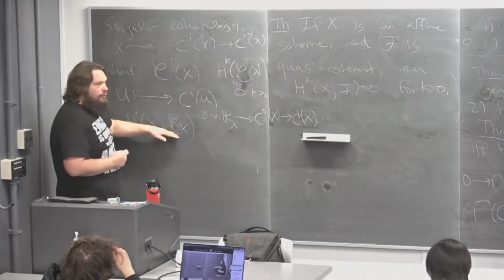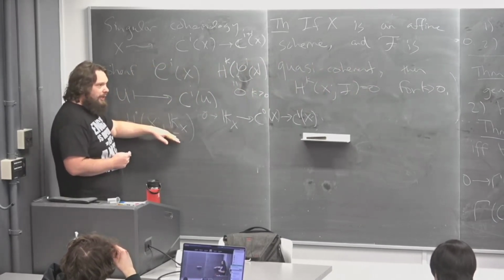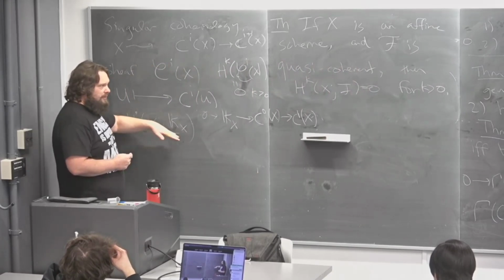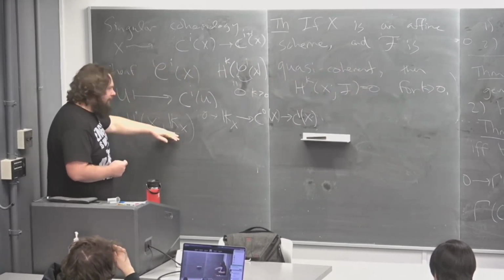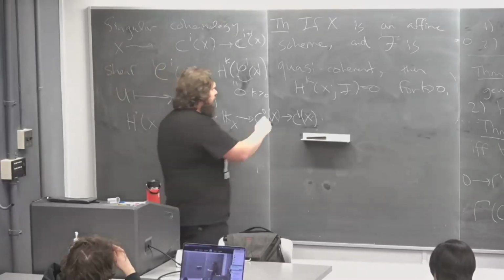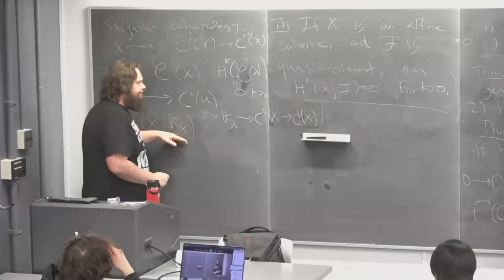Now, this is very much not true of other sheaves of abelian groups. Lots of affine varieties have lots of interesting singular cohomology. This is something special about quasi-coherent sheaves. It's genuinely very different from what would be called a constructible sheaf.